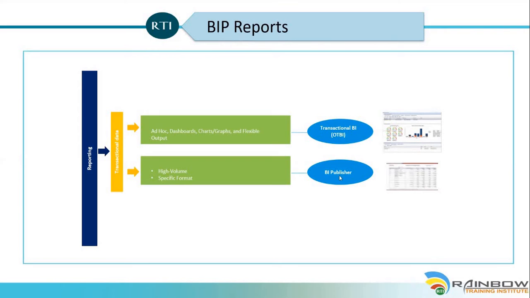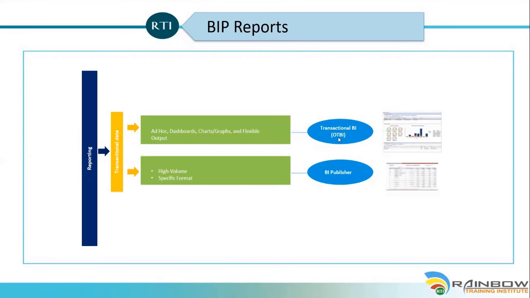BI Publisher stands for Business Intelligence Publisher, in case someone is looking for a full form. It is one type of report you can build in Business Intelligence Server available within the ERP Cloud instance. We'll show you how to build one in a few minutes from now.